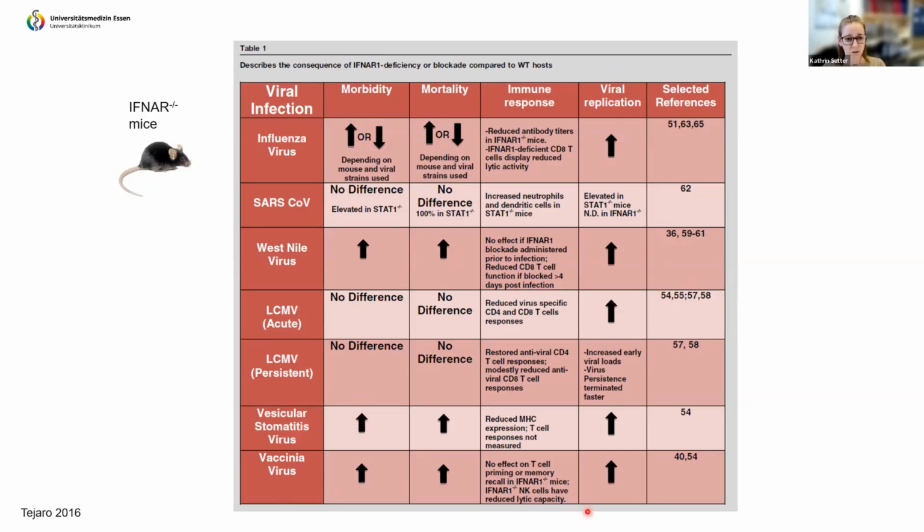And you see that in all of these different cases, the viral replication is increased when the mice do not have the receptor on the surface.